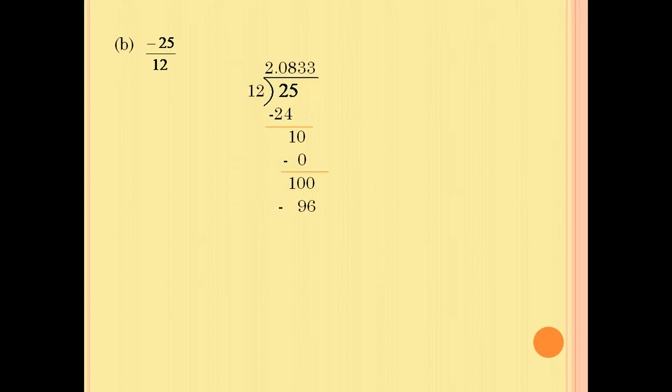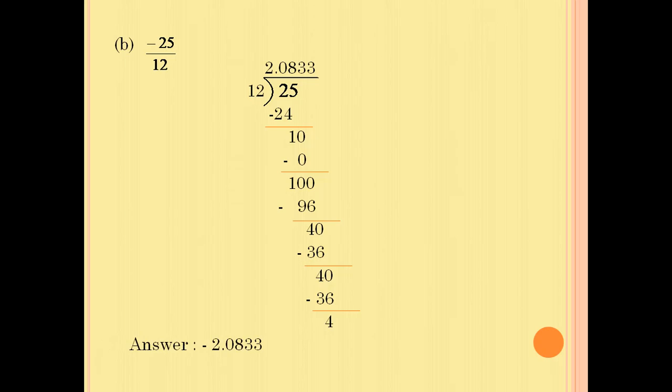In the next part, let the question be minus 25 upon 12. So you will put 25 at the dividend place and 12 at the divisor place. On dividing it, my quotient here comes out to be 2.0833 and the remainder keeps on repeating, that is, I am getting 4 again and again. So I will write my answer as minus 2.0833.